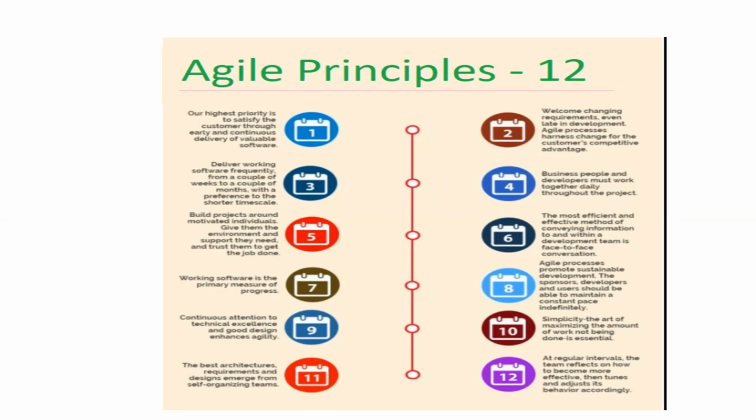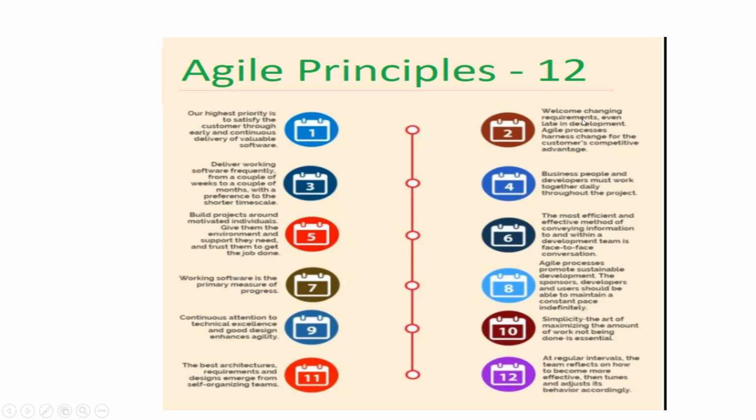You can focus on the real goal of the project, which is delivering what the customer wants, but not what you planned. So basically, if you're delivering a project in a shorter time, the customer should be satisfied, and continuous delivery will happen if required, with valuable software. This is the first principle we have to follow in Agile.